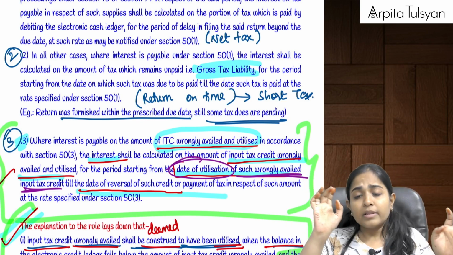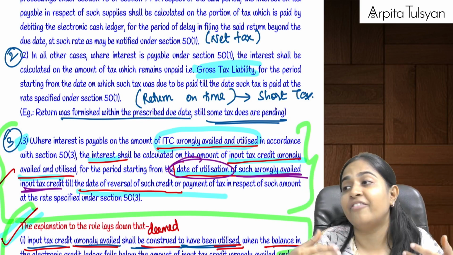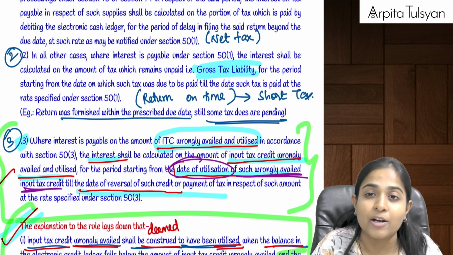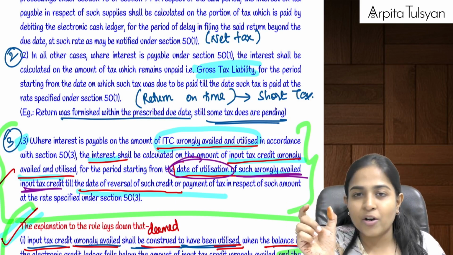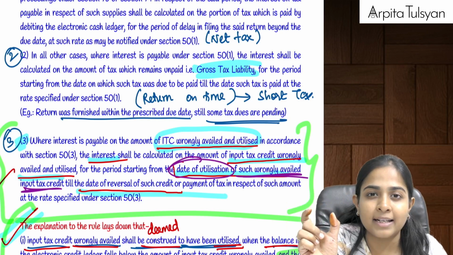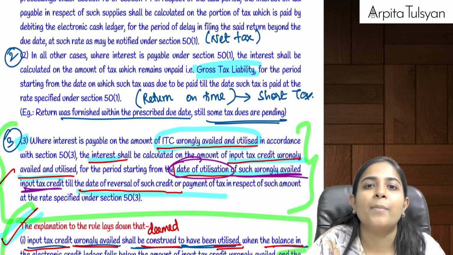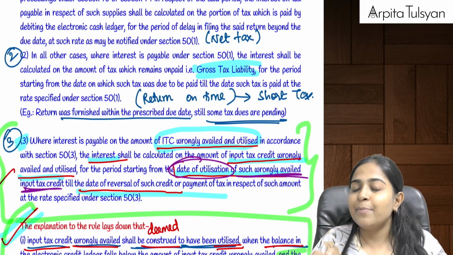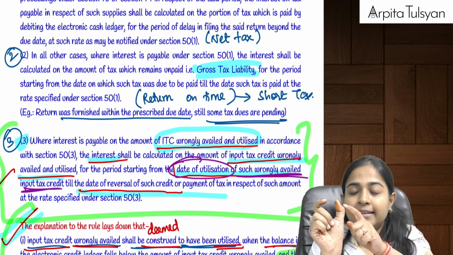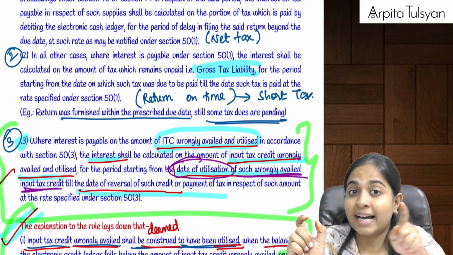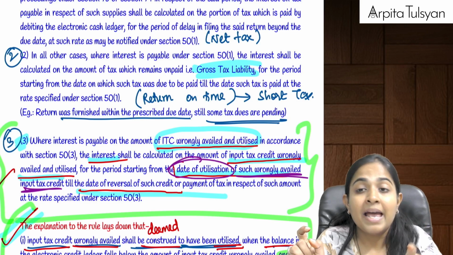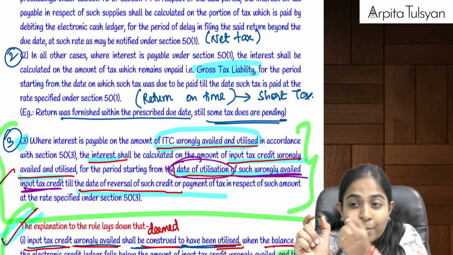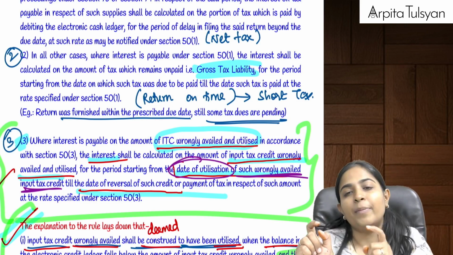Total balance in your ITC account was 30 lakhs. Till the time you use 20 lakhs of correct ITC, the government has no problem. But as soon as you start using the last 10 lakhs, the government has a problem.